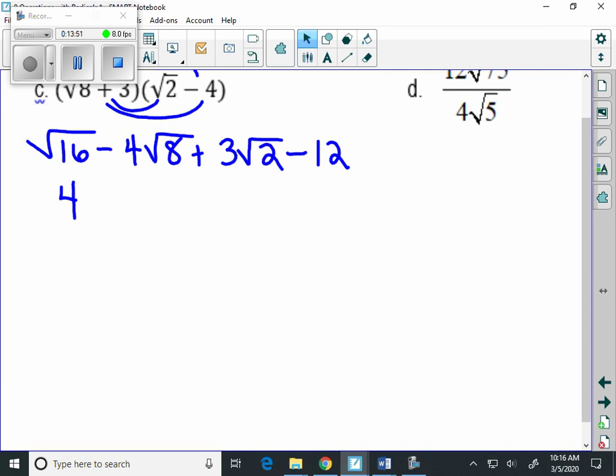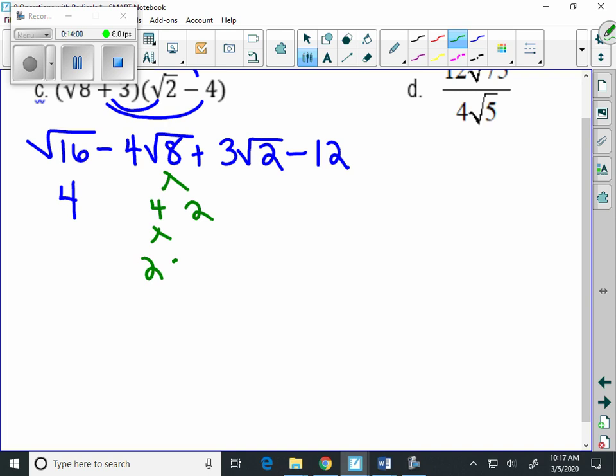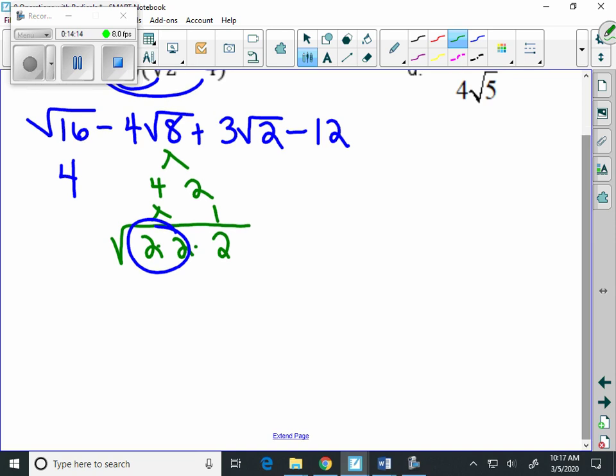When we go to our next term, 4 square root of 8, we can simplify the square root of 8. It's 4 times 2, and 2 and 2. And what we're looking for is 2 of the same value to take out 1. So the square root of 8 is going to be 2 square root of 2. Notice that above here, we still had minus 4. What we're going to do is take that value. It was minus 4 times the square root of 8.